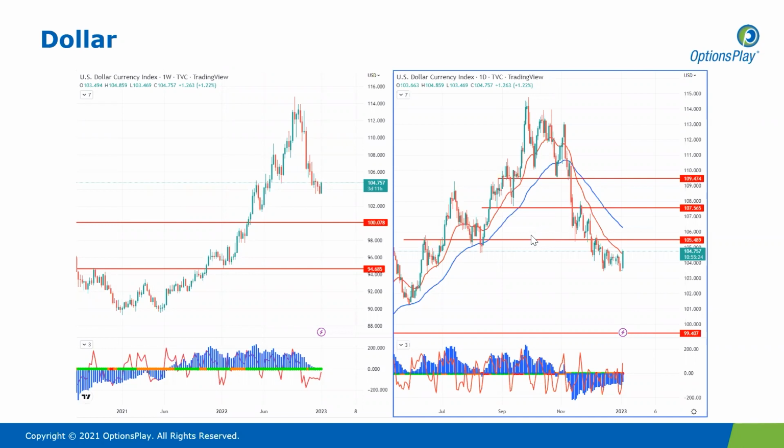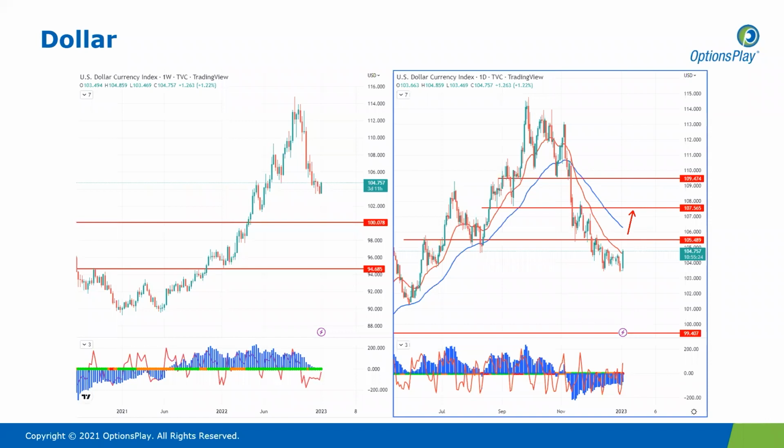We know that Europe is having a bit of a crisis with consumer spending. Obviously, the energy crisis is going to dampen consumer spending across the board, and investors are naturally going to flock to a safer currency. So the dollar is finding some momentum from that 103.50 level, approaching that 105.50 area of resistance. And if it breaks above that, you're looking at its 55-day exponential moving average, or even potentially all the way to 107.50.